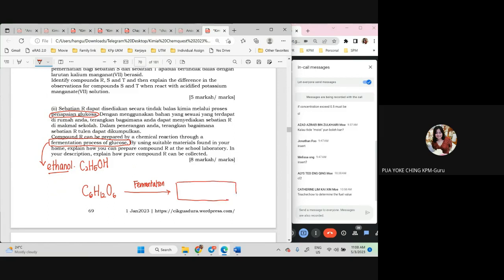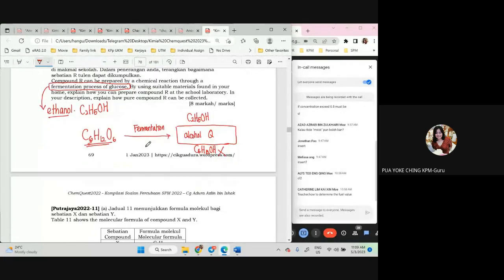Dia tak jahat langsung, dia bagi tahu juga alkohol Q. And they ask you what is the alcohol Q. Jangan tertipu. Oh, C6. This one must be C6H13OH. No. Okay. Fermentation of glucose, you only get C2H5OH. Tak ada benda lain.